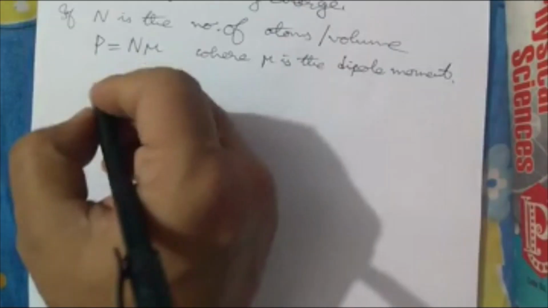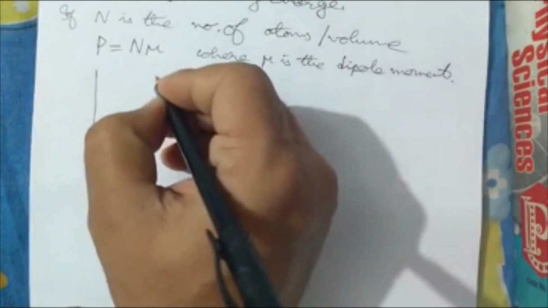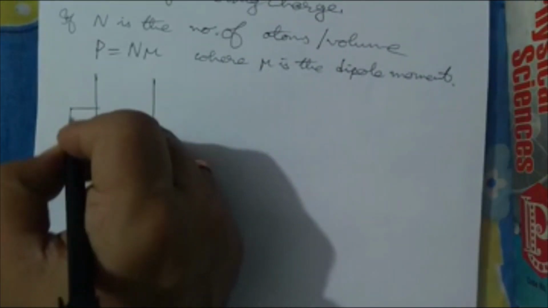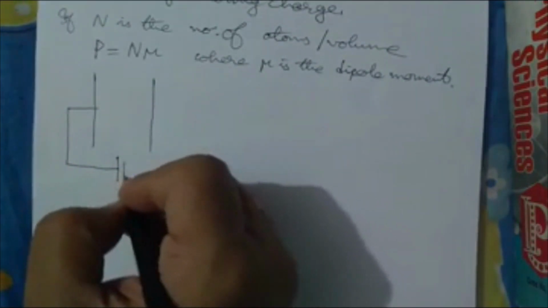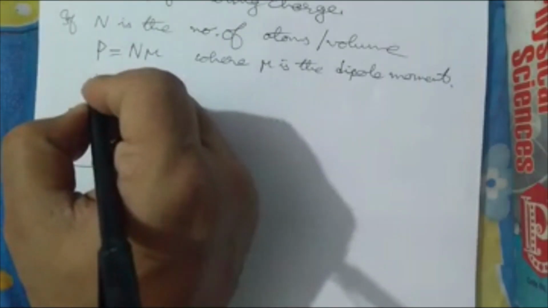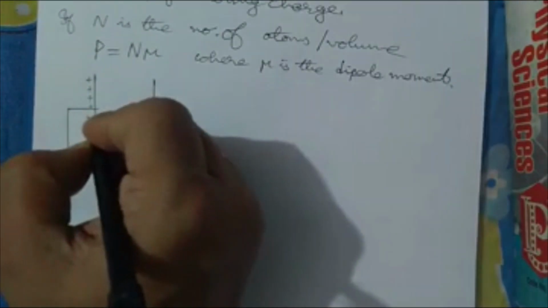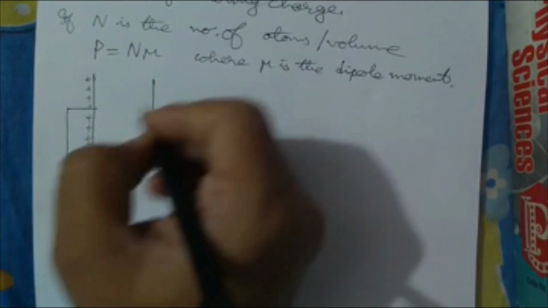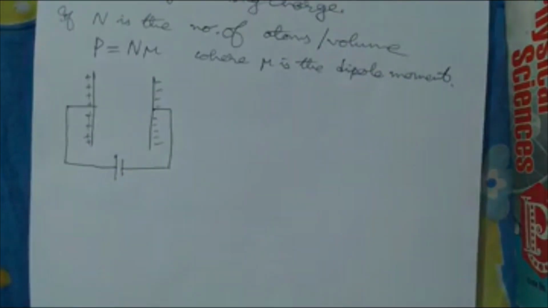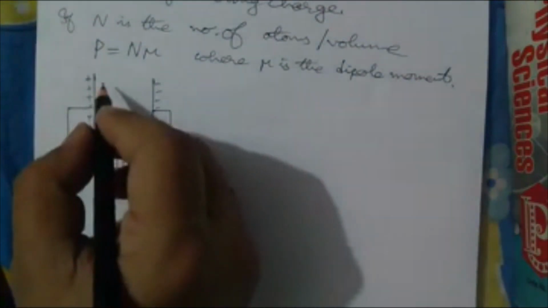Now say the same drawing I am drawing. This is charged with a battery of voltage, say V. So what will happen here? Positive charge will be on this plate and negative charge here.